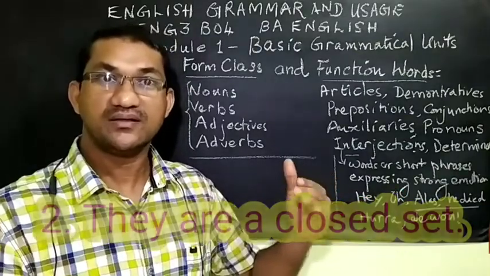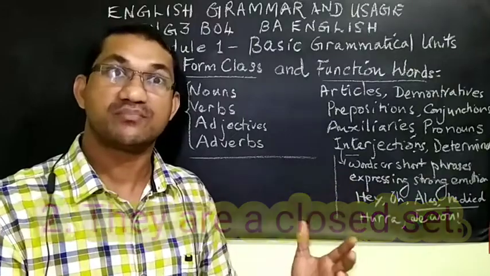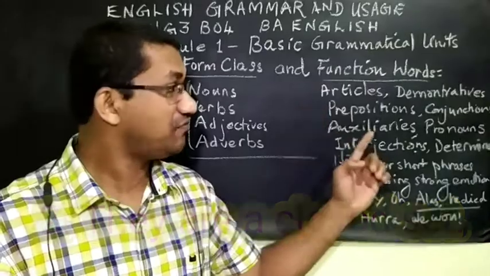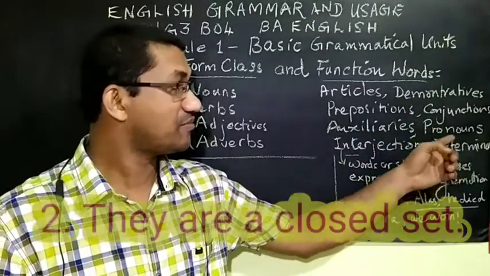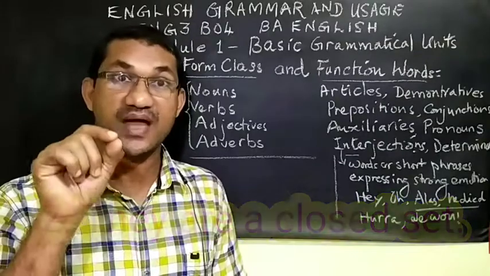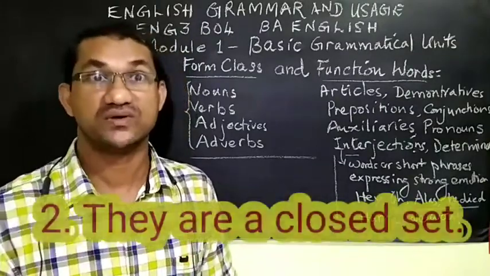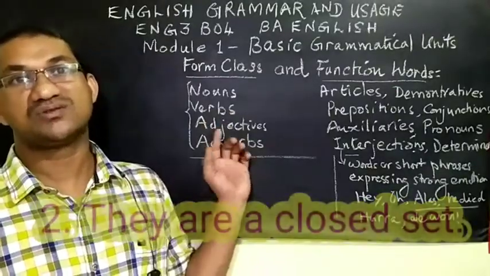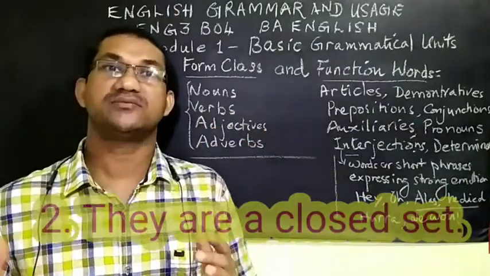Alright. There is a limit for the number of prepositions. There is a limit for the number of auxiliaries. There is a limit for conjunctions. There is a limit for pronouns. It doesn't increase. This is the second aspect of function words. They are a closed set. But form classes, they are an open set. Vocabulary items increase.